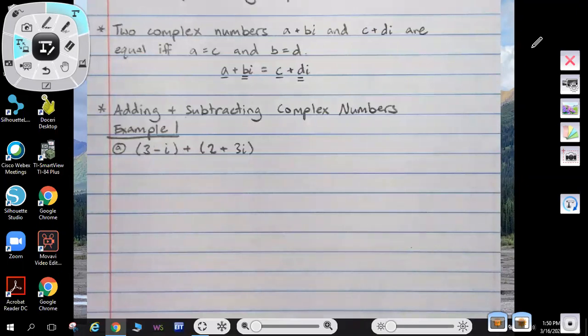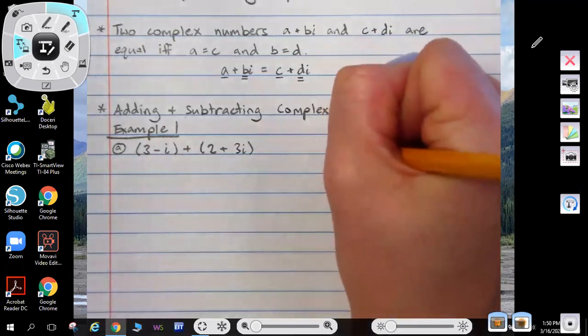Okay, before we start working these examples, let's actually write down a few of the steps that we're going to use as we're working these. So I'll just write them off to the side here. Step 1, remove the parentheses.